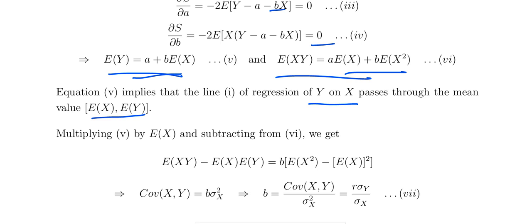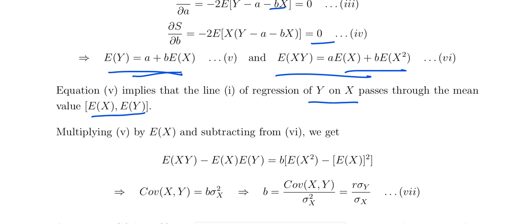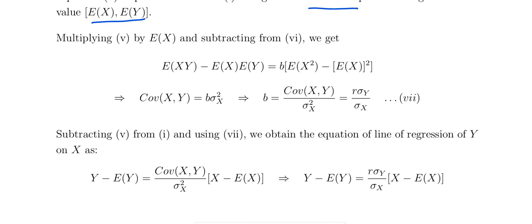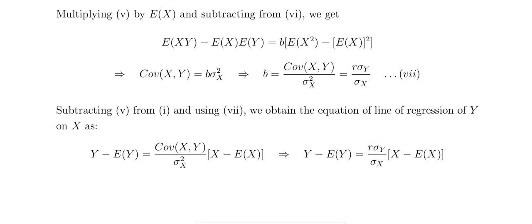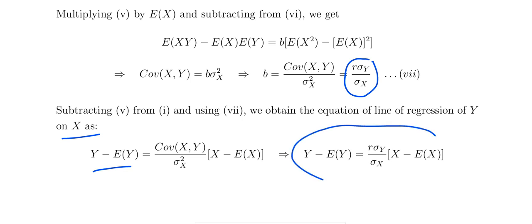From this, E of xy minus E of x into E of y is the covariance of x comma y, and b times sigma x square. So b equals covariance of x comma y divided by sigma x square, that is r sigma y by sigma x. Then the equation of the line of regression of y on x is y minus E of y equal to b into (x minus x bar). So that is the regression equation of y on x.